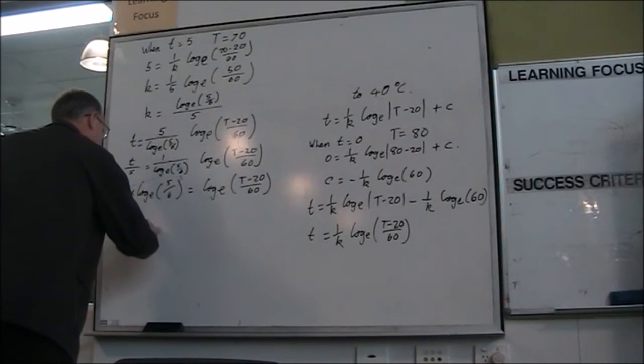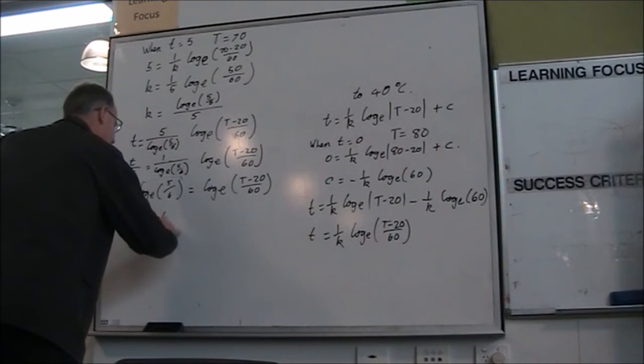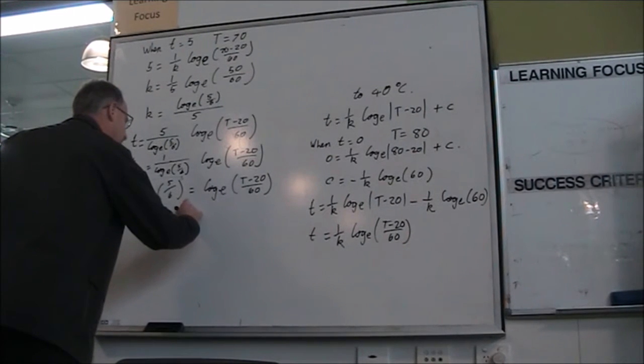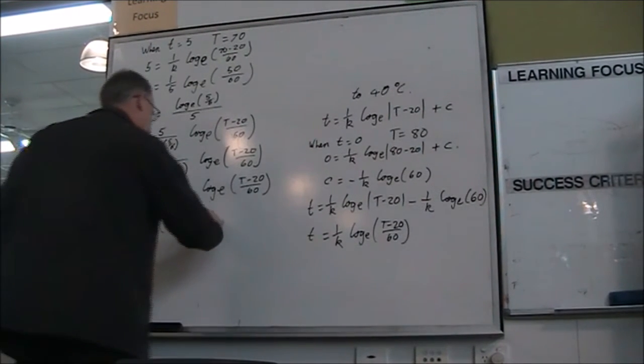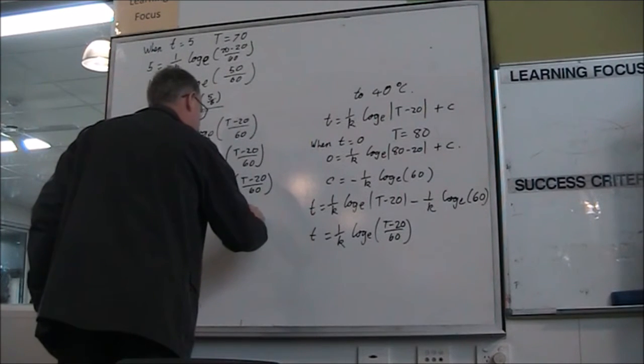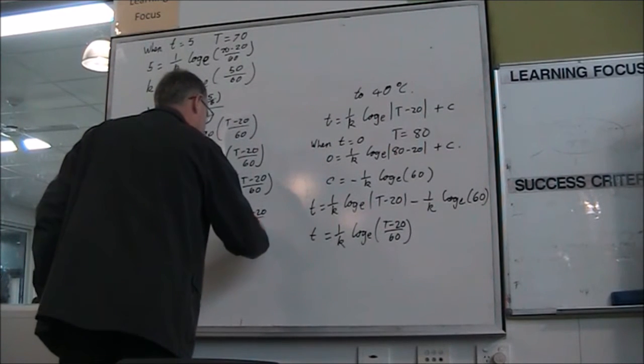Because what that then allows us to do is we've now got log to the base e of something on both sides, haven't we?